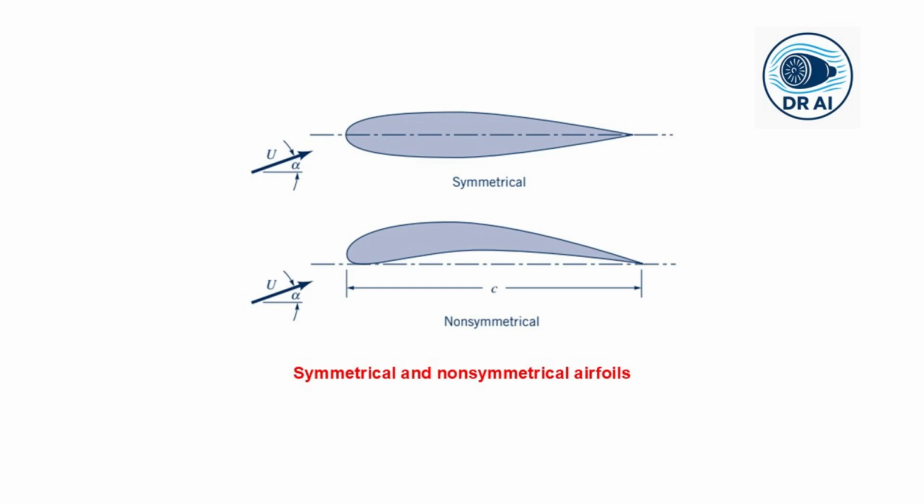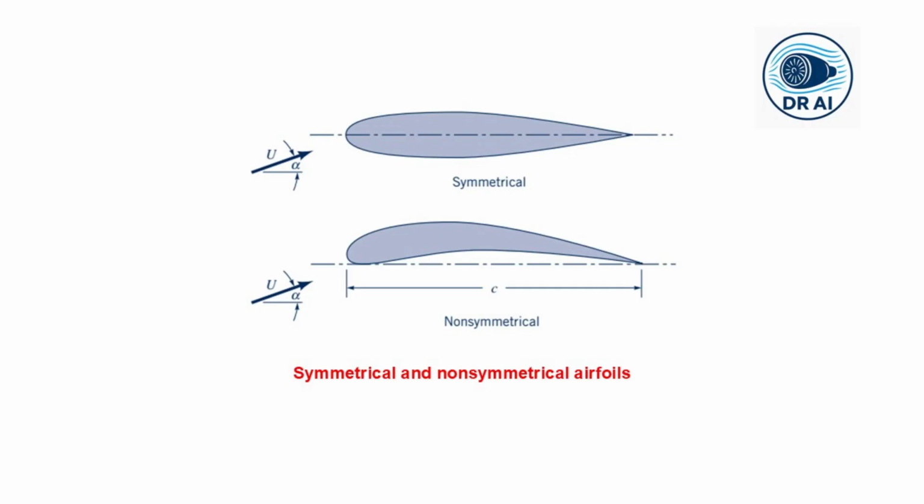Denoted by alpha. But the second is a cambered or non-symmetrical shape. The upper surface here has more curvature than the lower surface. Even at zero angle of attack, the asymmetry in shape creates asymmetry in the pressure distribution. Air accelerates more over the curved top surface, creating lower pressure there.